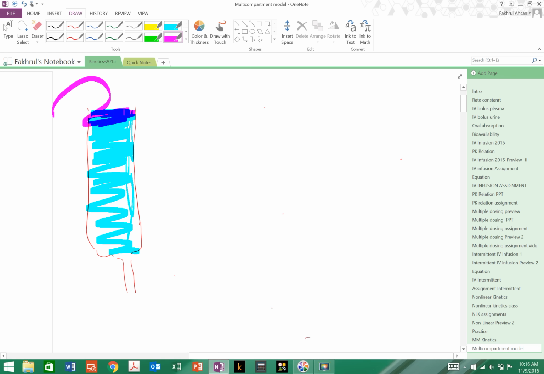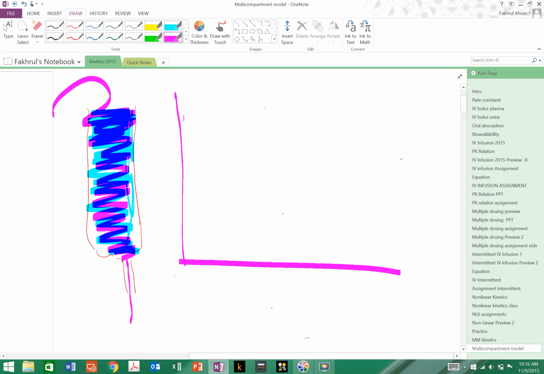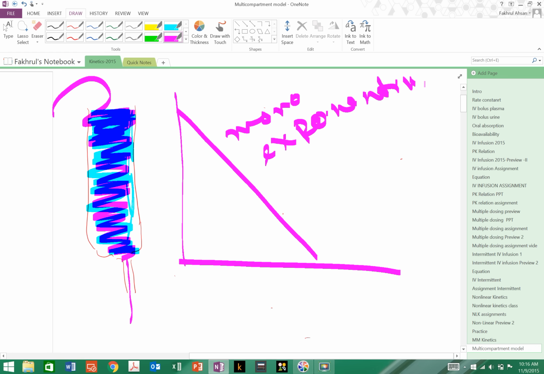The drug instantly distributes all over the tank and starts eliminating. As a result, our profile would be like this. It's called mono-exponential fall. As you have all seen, absorption, elimination, it falls that way.